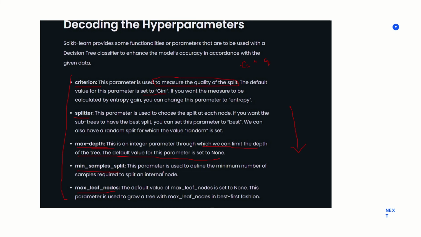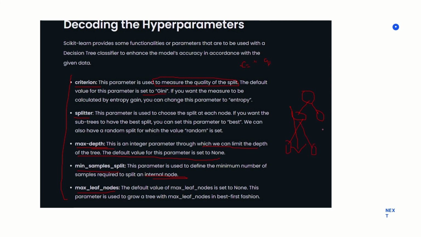Minimum sample split, this parameter is used to define the minimum number of samples required to split an internal node. Okay, so I'm drawing the decision tree roughly.